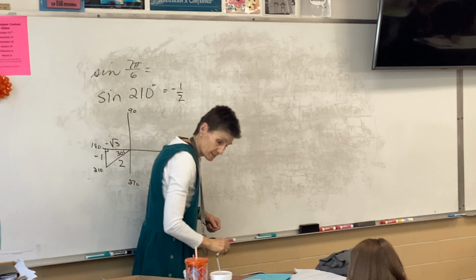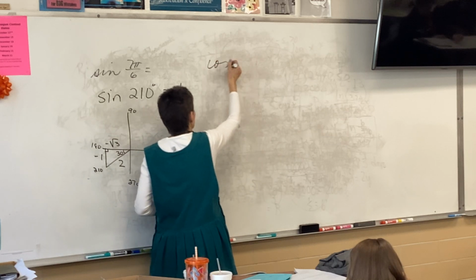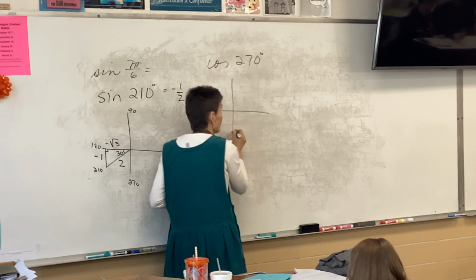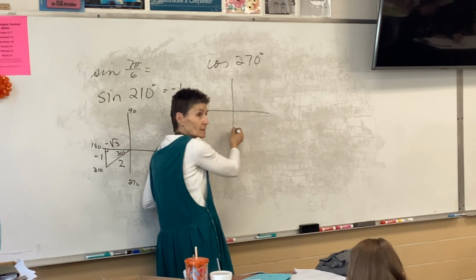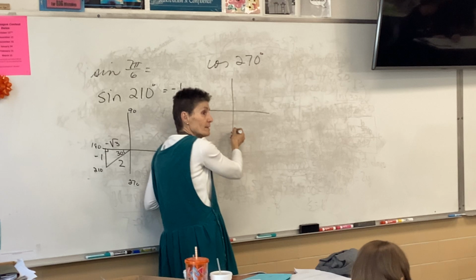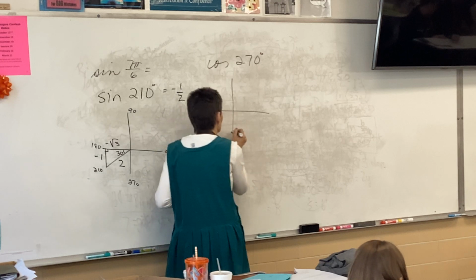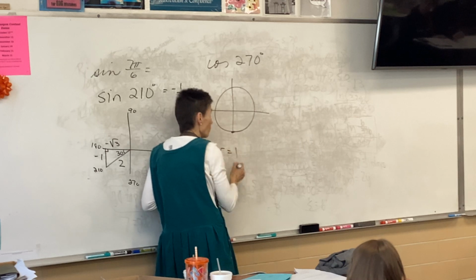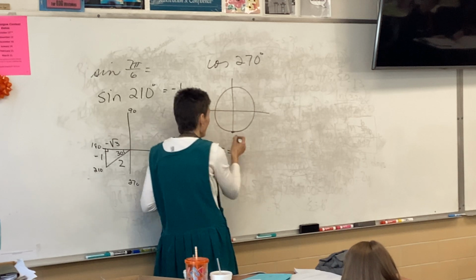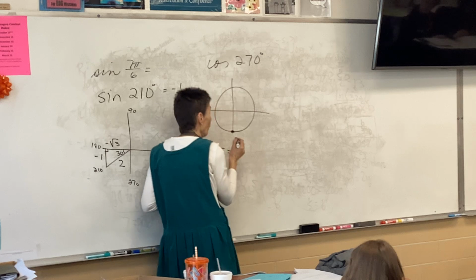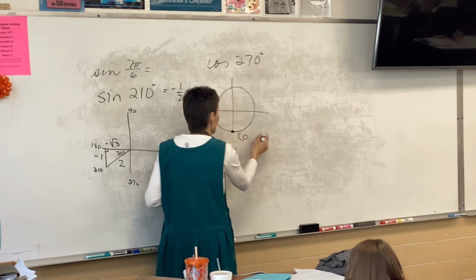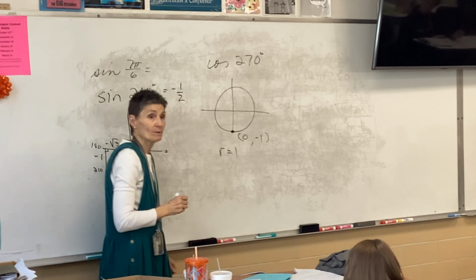All right, next, cosine 270. What's special about this one? It's down here, right? So when you're on the axis, you draw a circle. Radius is 1, which makes this what point? 0, -1.